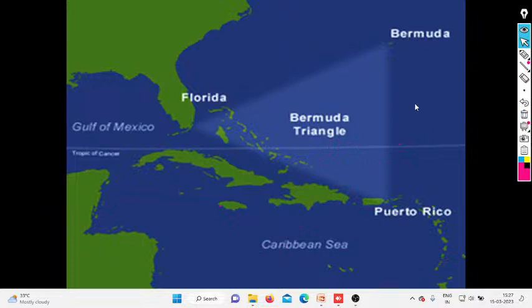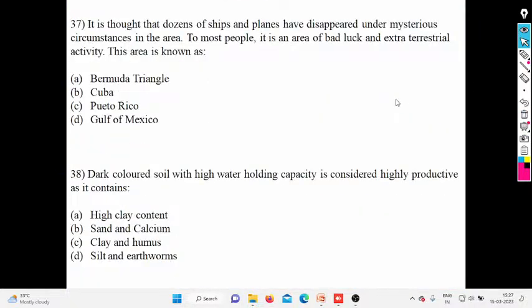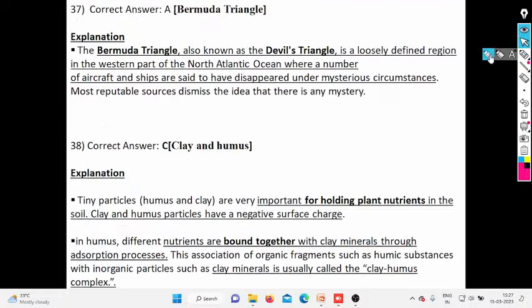Bermuda Triangle, you can see here. It is also known as the Devil's Triangle, a loosely defined region in the western part of the North Atlantic Ocean where a number of aircraft and ships are said to have disappeared under mysterious circumstances.